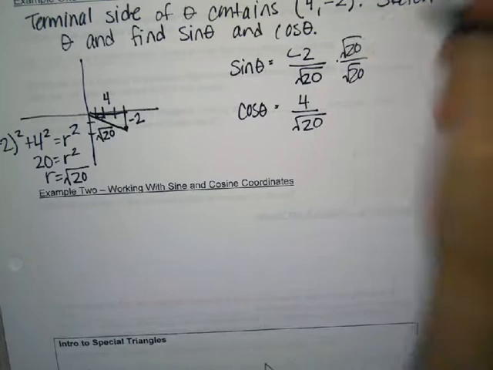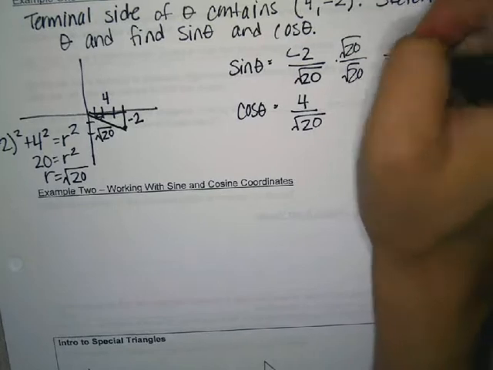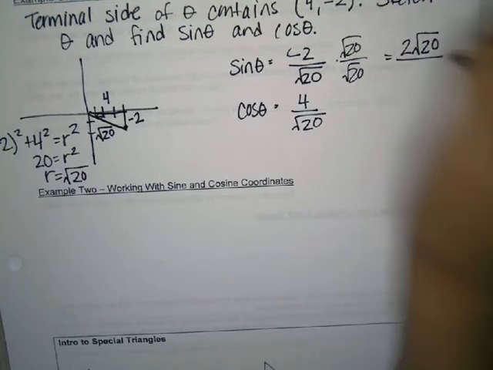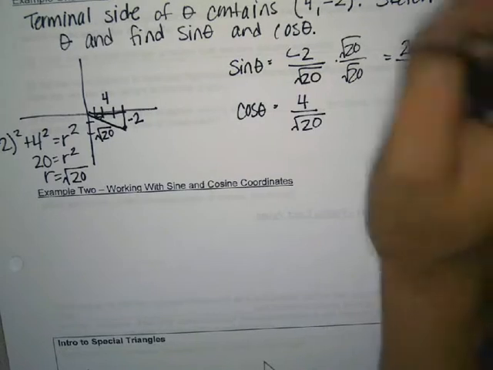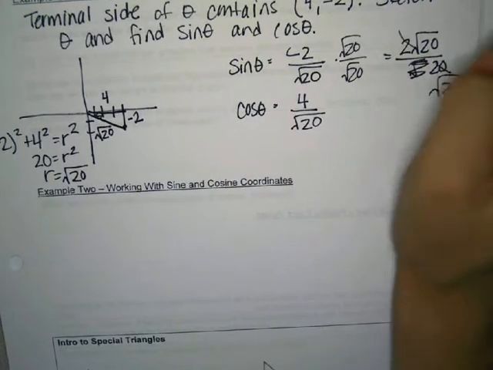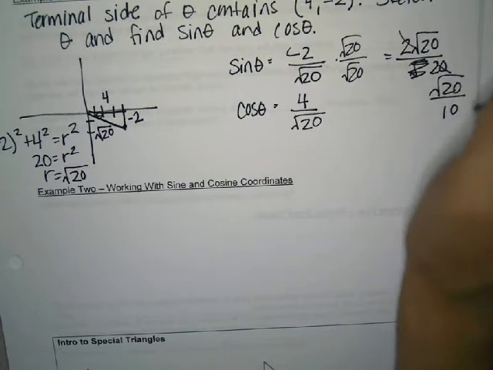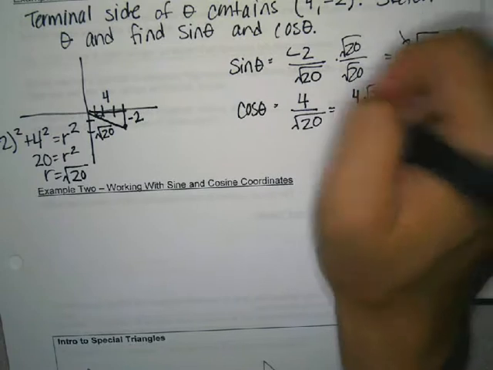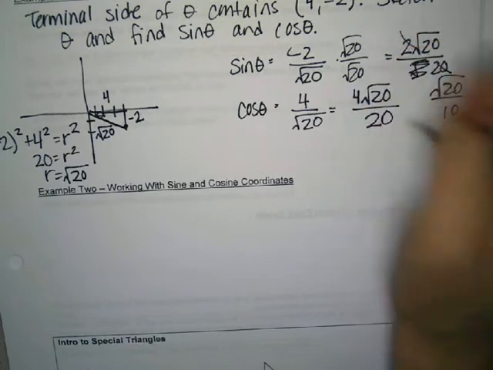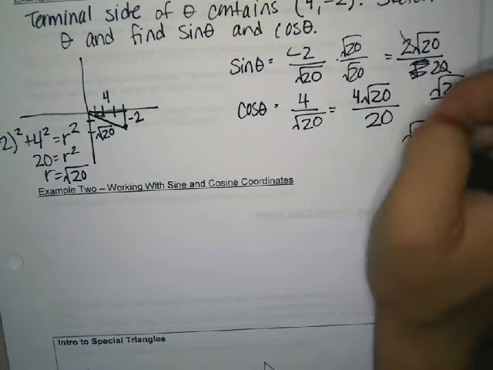What that does is gives me 2 square root of 20 on the top, and just 20 on the bottom. I could reduce that one more time, so square root of 20 over 10. And same thing here. That would end up being 4 times the square root of 20 over 20, and you could reduce and get square root of 20 over 5.